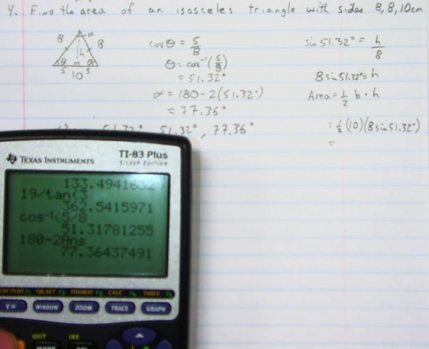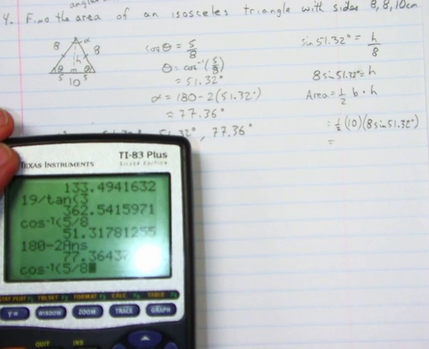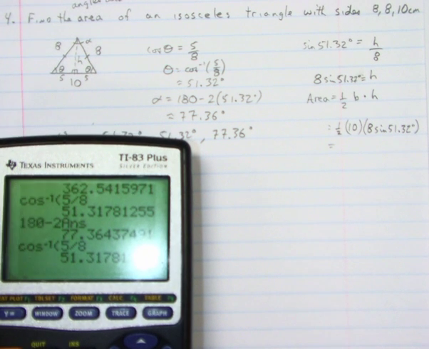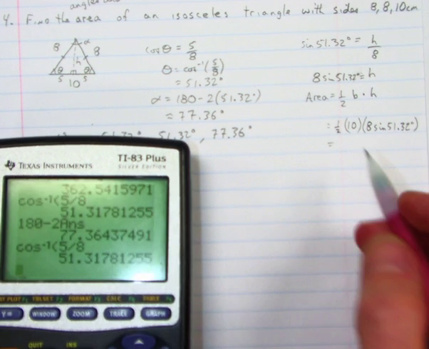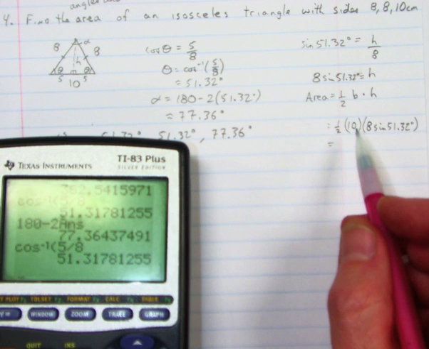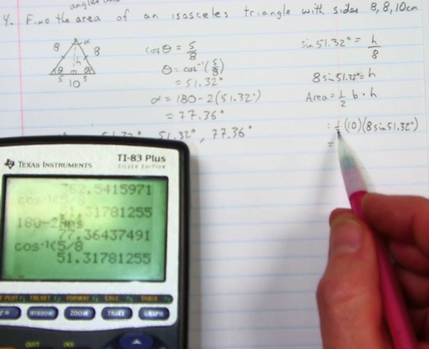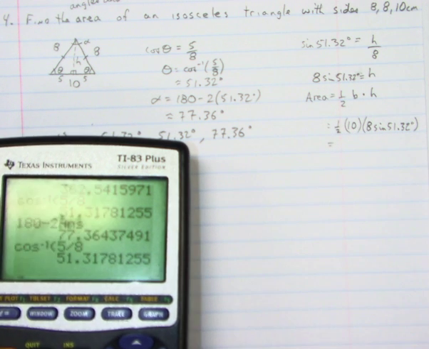One thing I can do is get back the inverse cosine because I'm going to need that angle, inverse cosine of 5/8. Or I could have stored it earlier and then just used the letter. You have a choice. You could type in literally 1/2 times 10 times 8. But when it's these simple numbers, I prefer just to multiply it. So 1/2 of 10 is 5. 5 times 8 is 40.